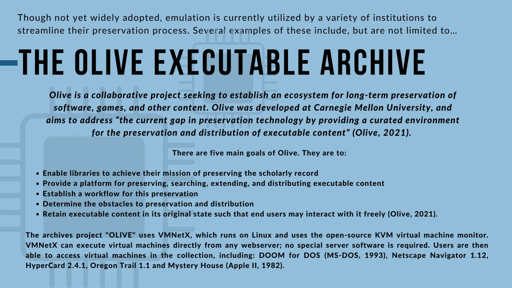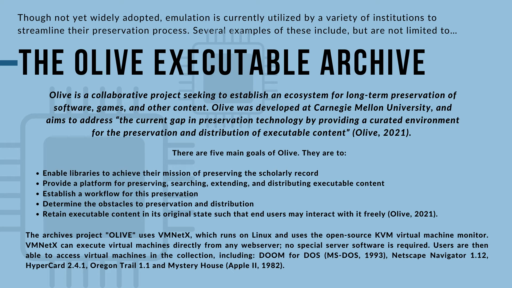Olive was developed at Carnegie Mellon University and aims to address the current gap in preservation technology by providing a curated environment for the preservation and distribution of executable content. There are 5 main goals of Olive.